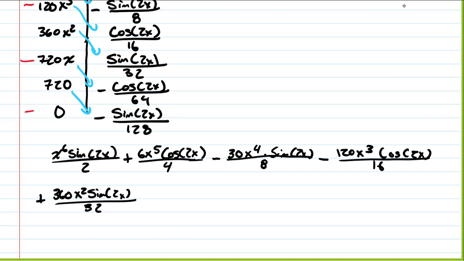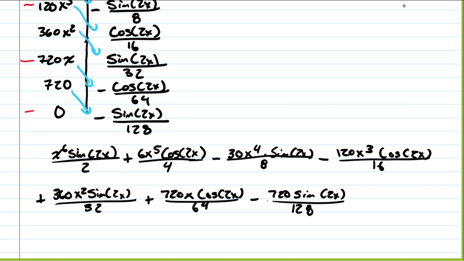And then minus minus makes it plus, so plus 720x cosine 2x over 64, minus 720 sine 2x all over 128, plus our constant, plus C. And that would be our antiderivative.